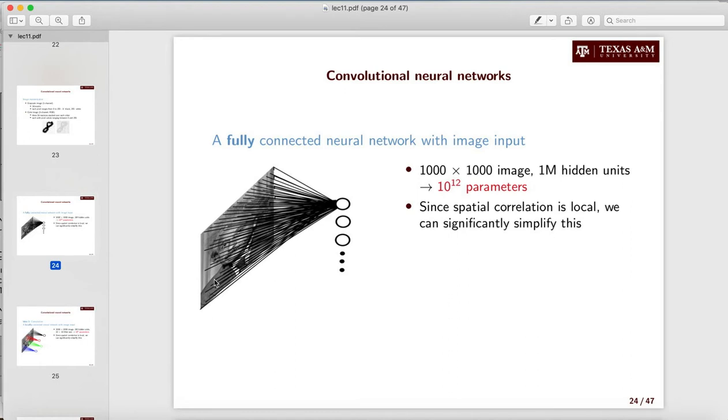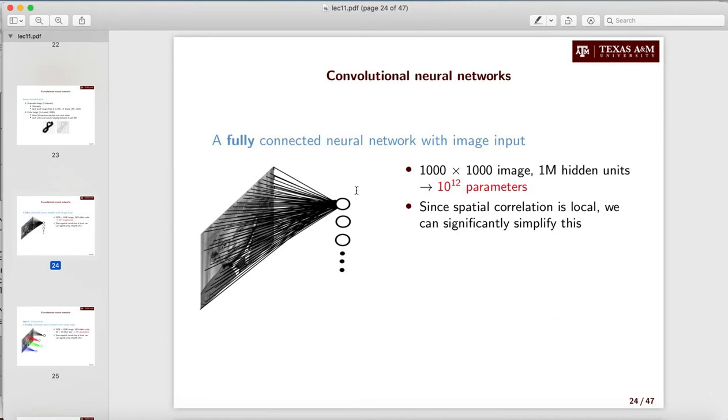Each of the elements of this matrix has a value ranging between 0 and 255. Now, if we were to connect all these pixels through a fully connected neural network that we have seen so far, each of the hidden layers of the network would be connected with all of these pixels.